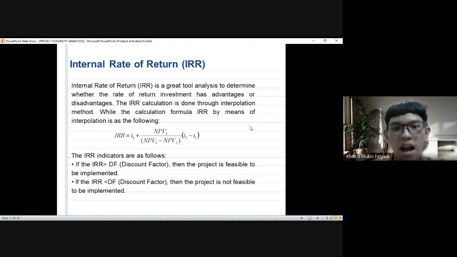The IRR indicators are as follows. If the IRR is greater than DF, or we can say discount factor, then the project is feasible to be implemented. But if the IRR is less than DF, discount factor, then the project is not feasible to be implemented.